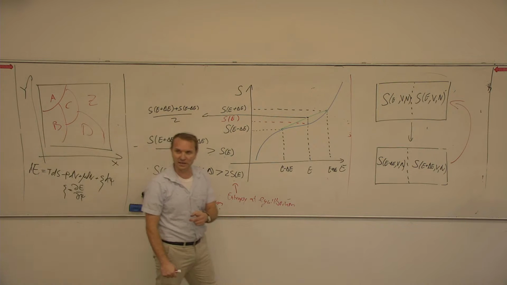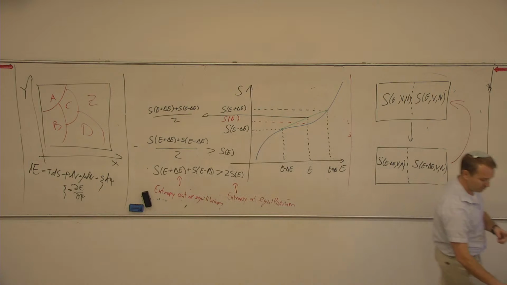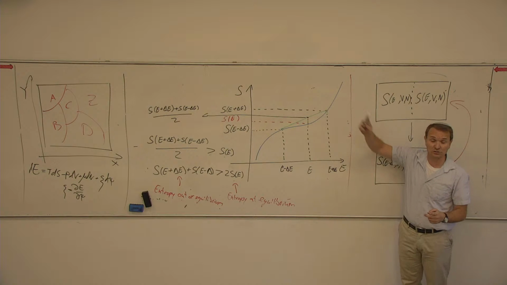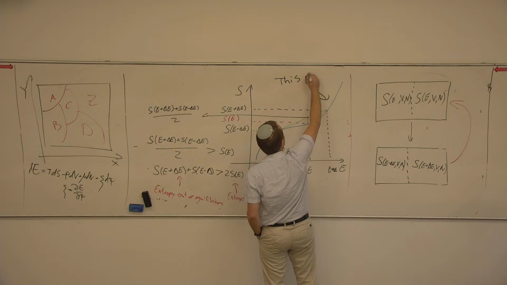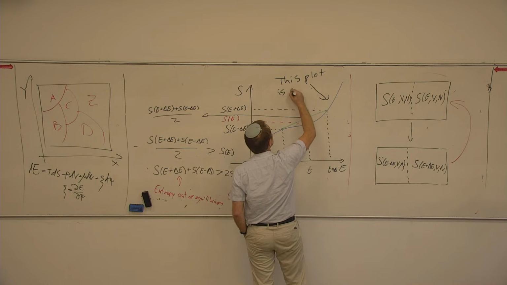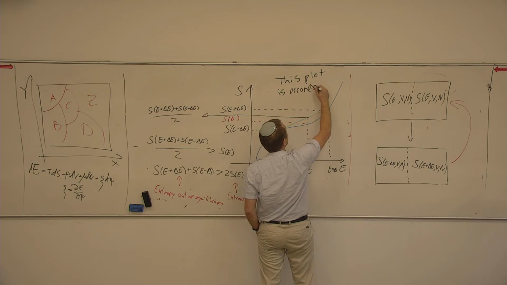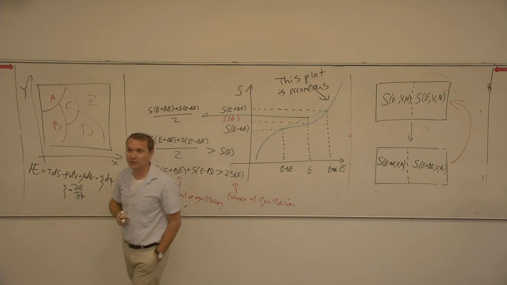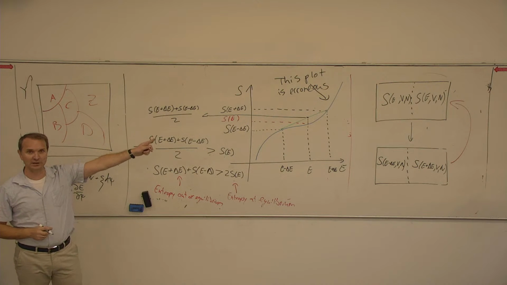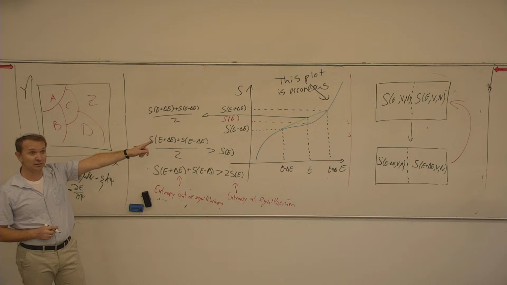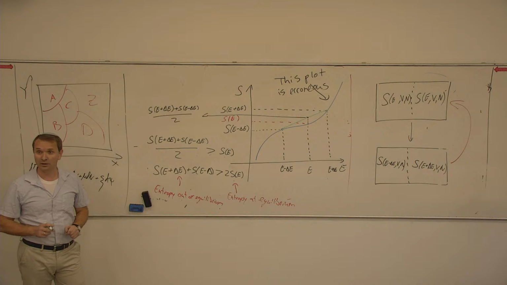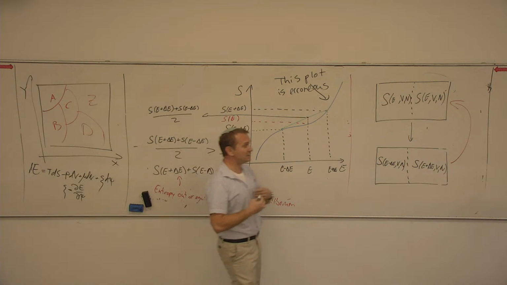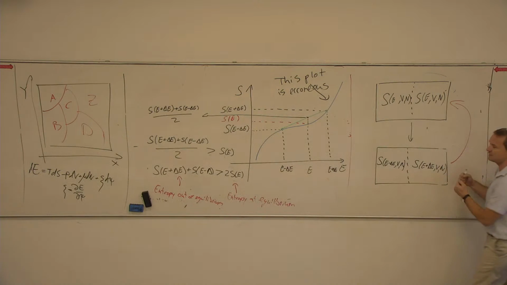Where was the wrong assumption? No. My plot is wrong. This plot is erroneous. Why is it erroneous? Or what is the property of this plot that led me to the wrong conclusion? Maximum value of entropy, it's a given, it's an axiom.